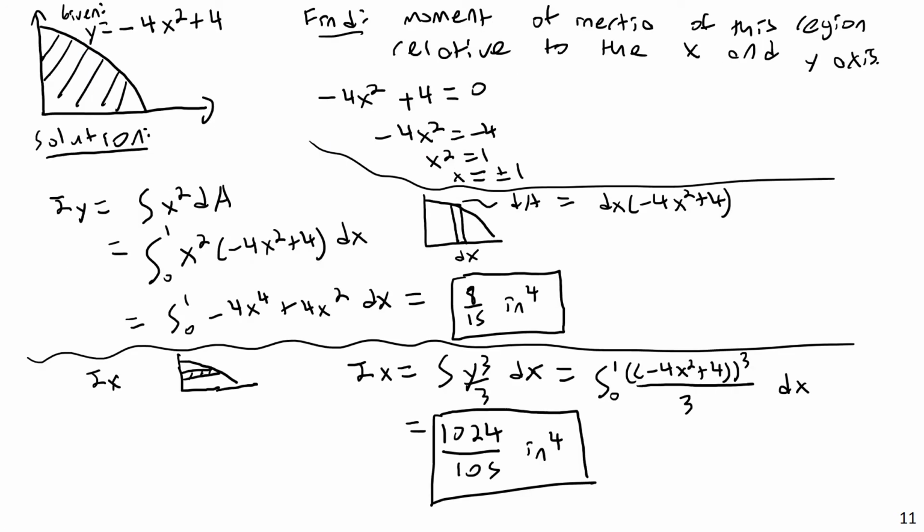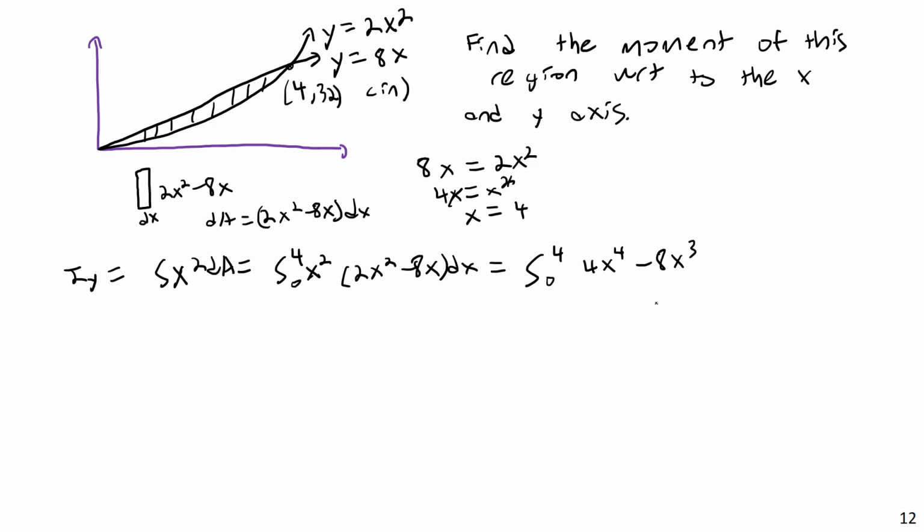This is turning out a little bit similar to the last one, but it's still different because what I really wanted to show here was how you would handle two different curves. 4x to the 4th minus 8x to the third, dx. I will also cheat on this one and throw this into my calculator for the sake of expediency.